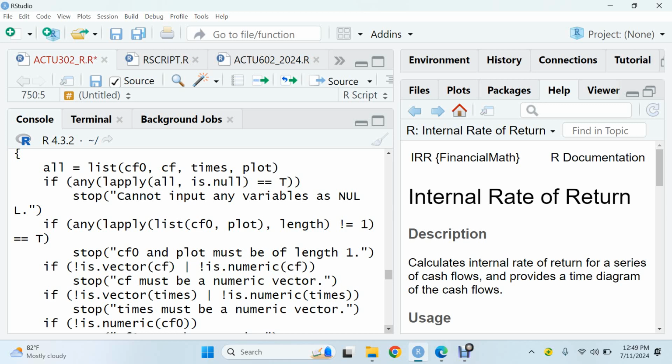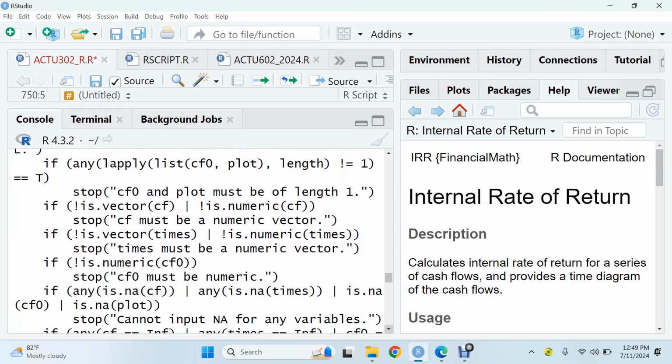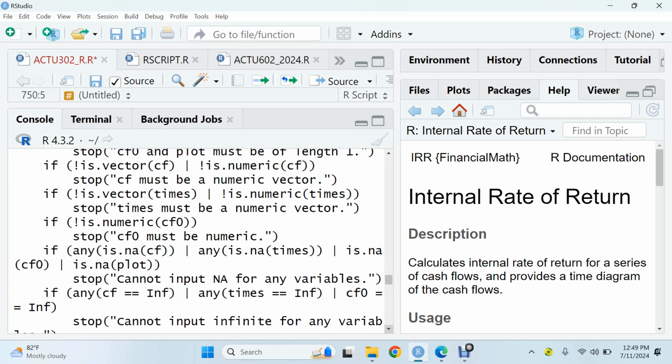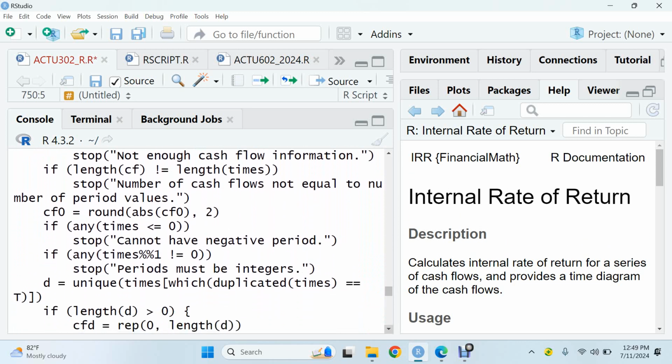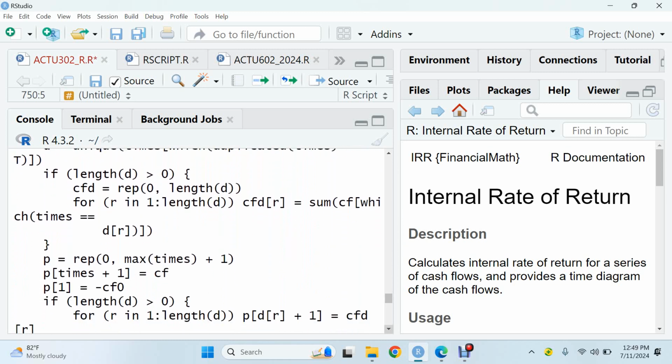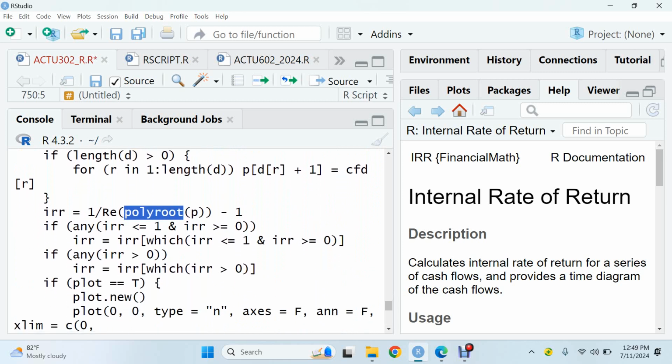So all those things are just to make sure that any value or argument you are passing is actually the required one, before you come to the actual computation, which is really this part, the polyroot.